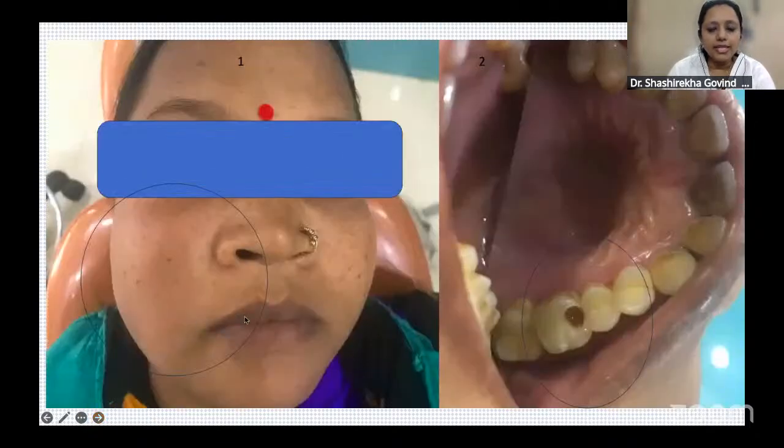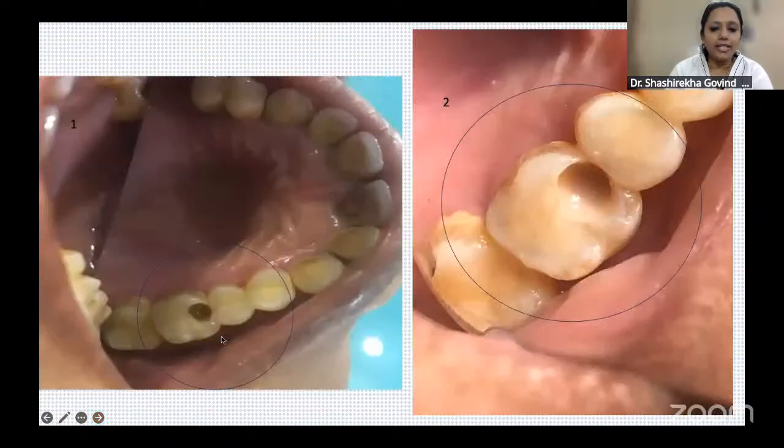Again, this is a second case where it's a purely extraoral swelling. The swelling was frankly due to the carious tooth. Once I just opened the access, there was active draining happening. We can see in picture 2 that once the chamber was open, the pressure was released and pus drained through the canal.